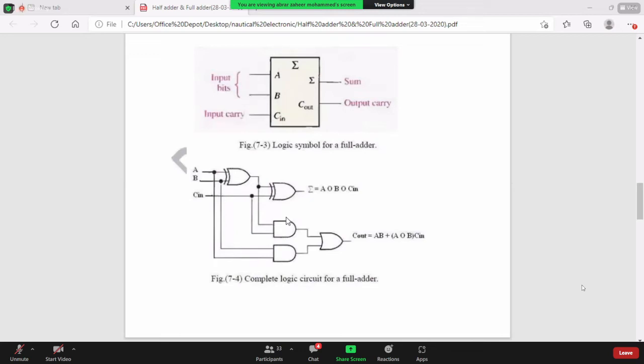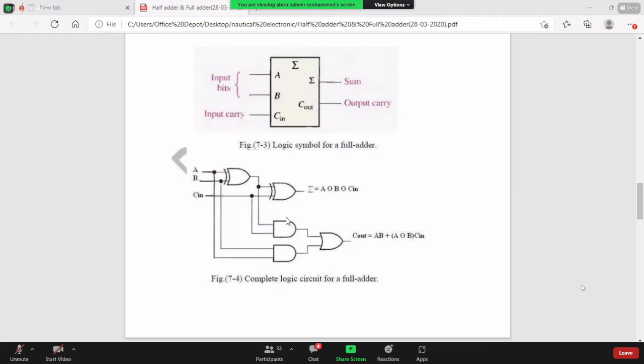From this logic circuit, we can see that inputs are A and B to the first half adder, and the output of this first half adder is given as input to the next half adder. So the input to the next half adder is A XOR B and C in. The sum output will be A XOR B XOR C in.